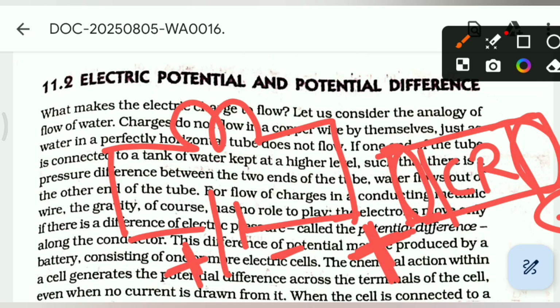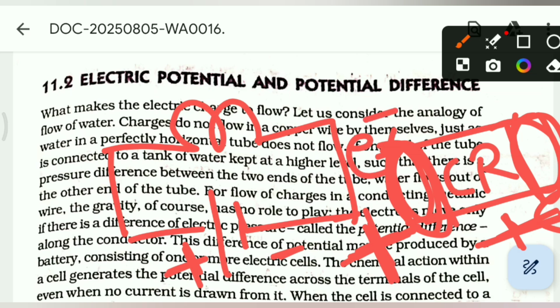If this terminal has many electrons, it is deficient in protons, so it is the negative terminal. And this terminal is rich with protons and deficient in electrons. Understood?